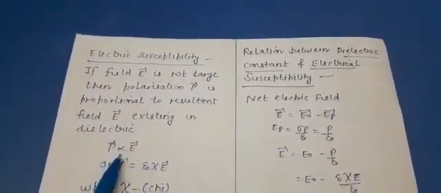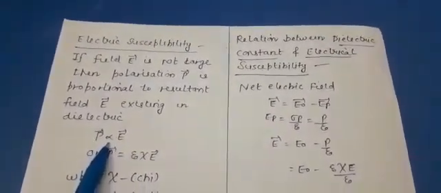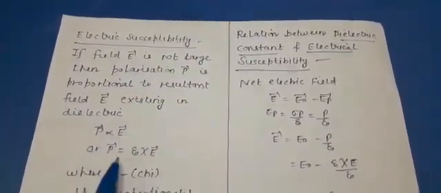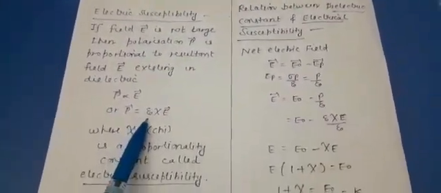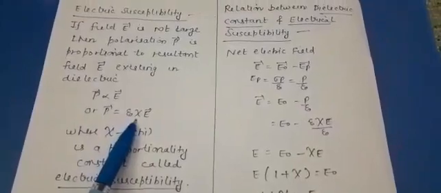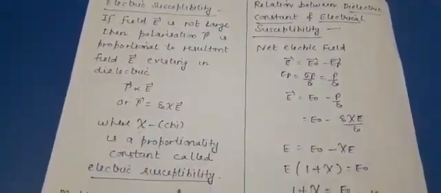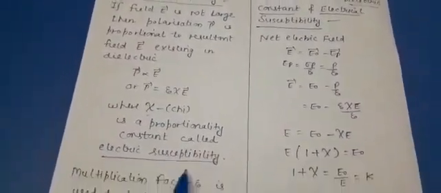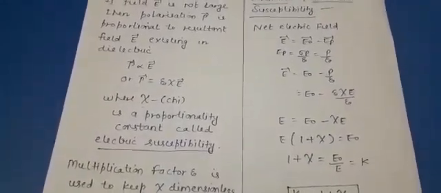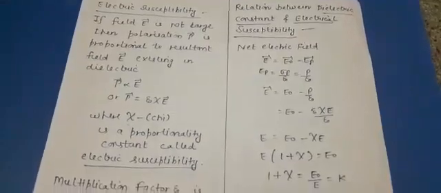When we remove the proportionality sign, we get a constant, epsilon naught times chi. This chi symbol is a proportionality constant, called electrical susceptibility. It tells how easily the dielectric can be polarized. Such behavior can be judged by it.